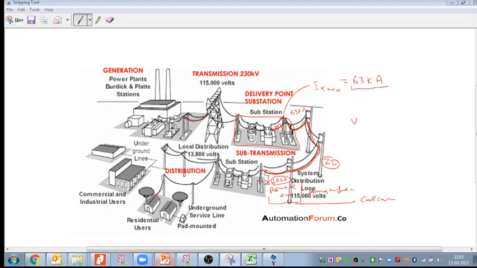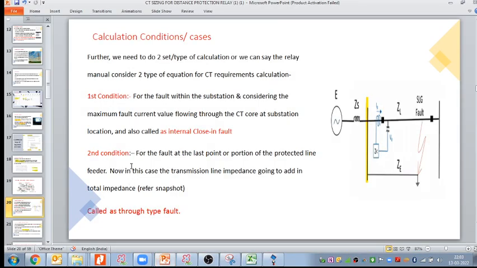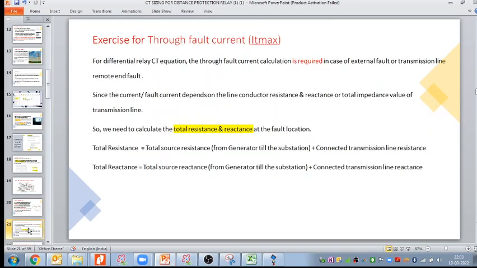So let us do some exercise for through fault current IT max.